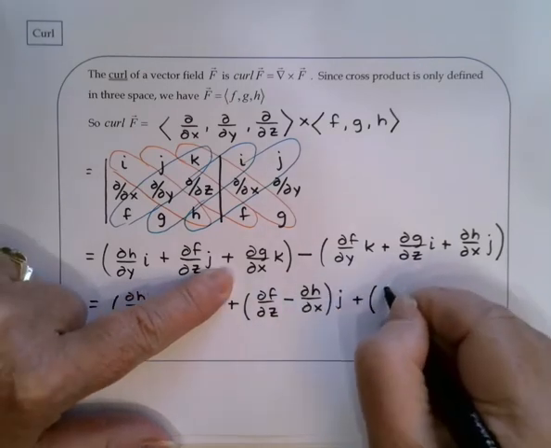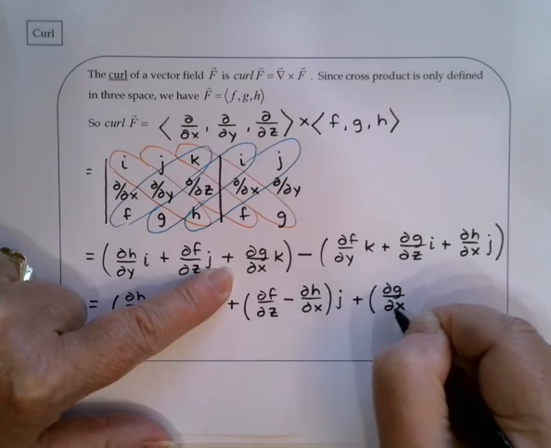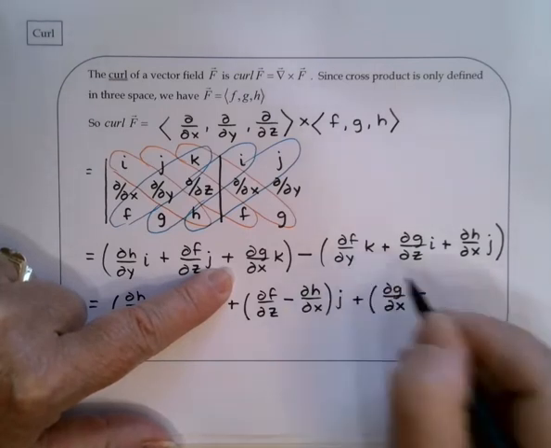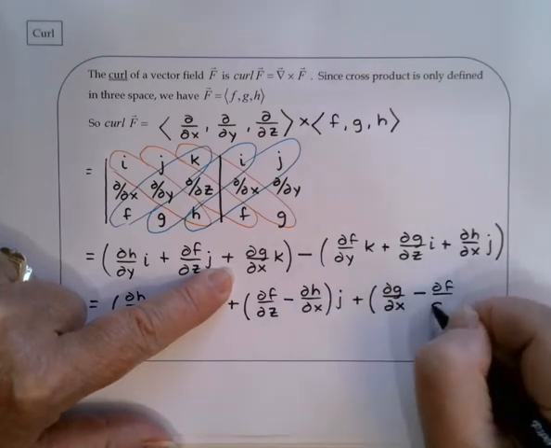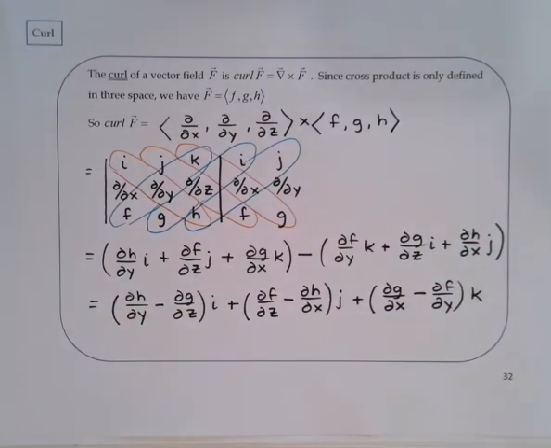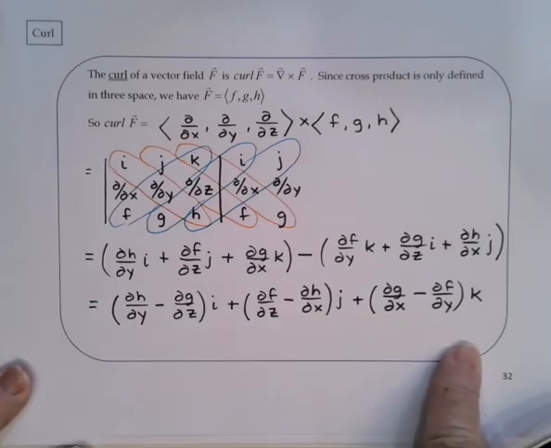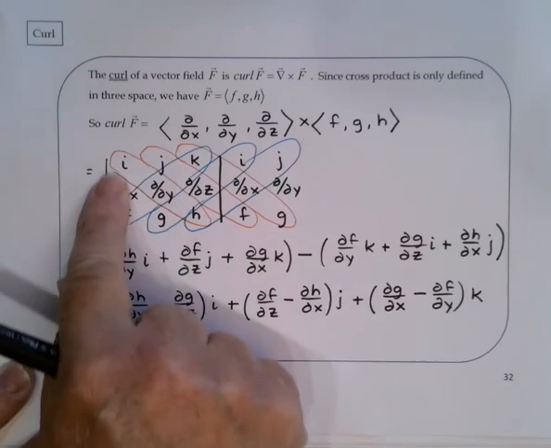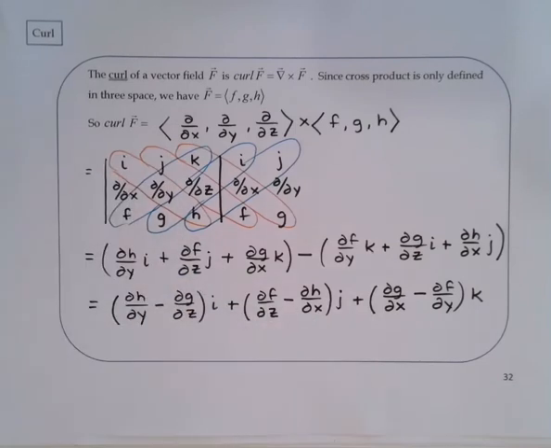And the k's, partial g partial x minus partial f partial y. Now, rather than memorizing this, if I want to find a curl, I'll usually actually put this together and do my actual cross product. It tends to be easier than trying to remember that. But I do want to write this out for a specific reason.